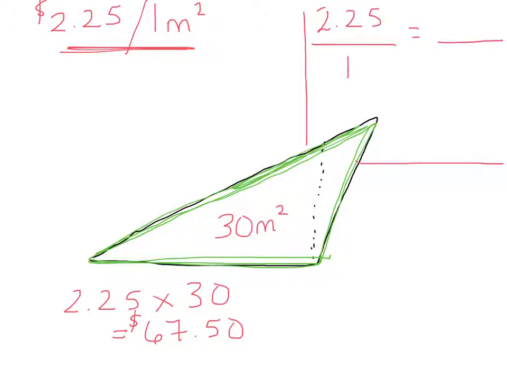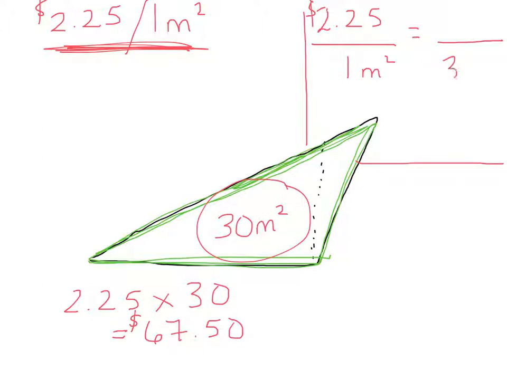If you want to set it up as a proportion, which brings us back to our unit 2, you would turn this rate into a proportion. So you go 225 over 1, because that's the 1 meter squared. This is the dollars. And then you fill in the blanks. The other piece is 30 meters squared.